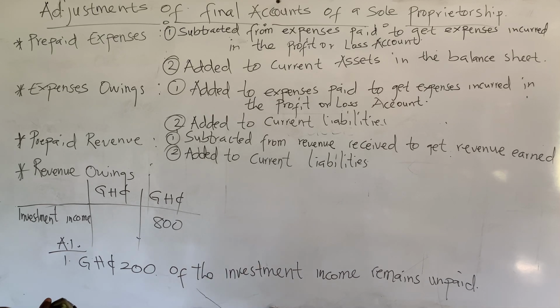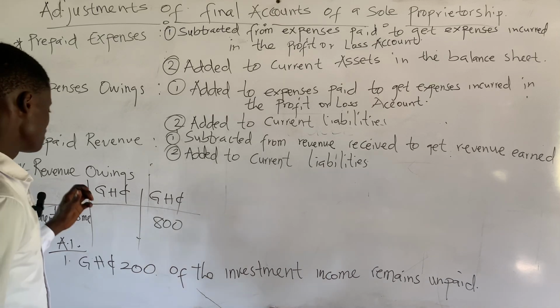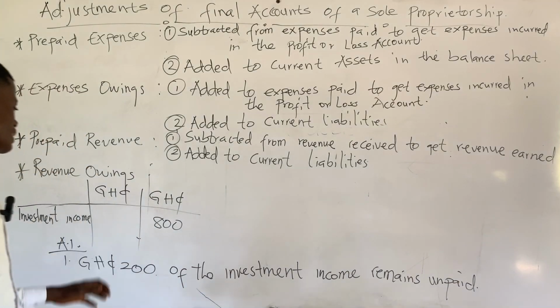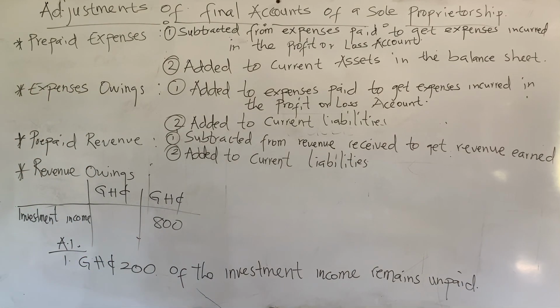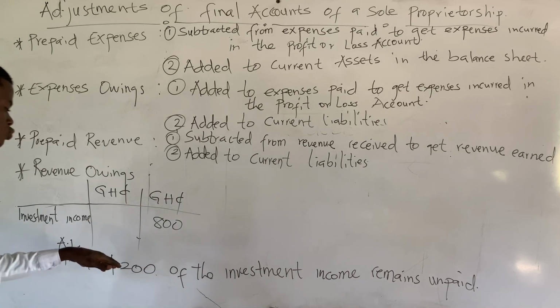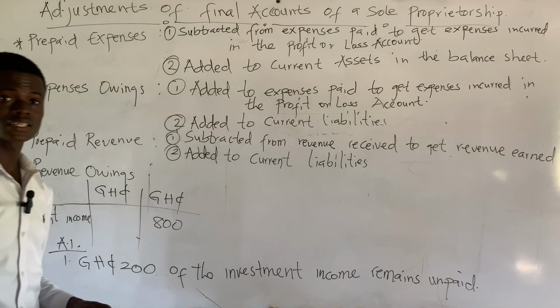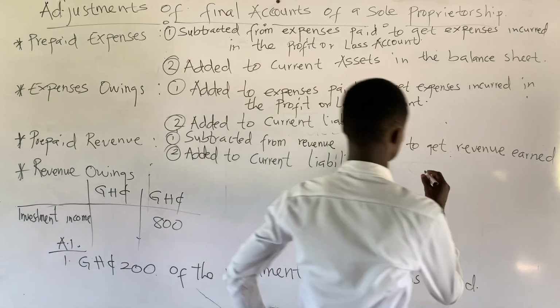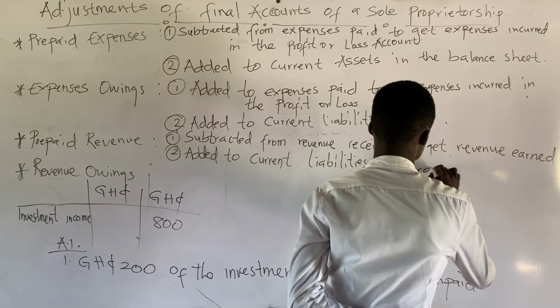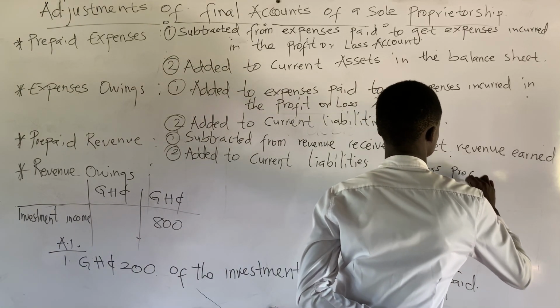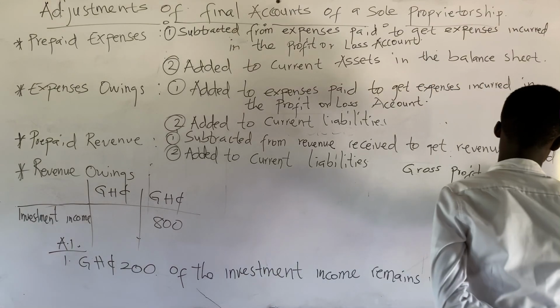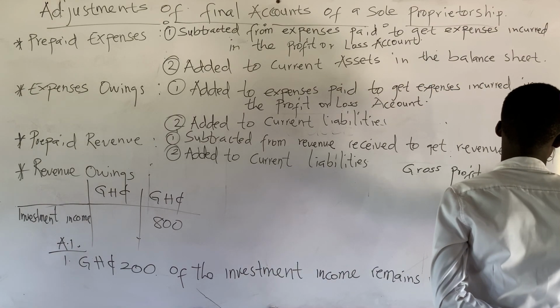So in this case, it means the investment income earned is not the 800 cedis on the trial balance. So to get your investment income earned, you need to add the 200 cedis which remains unpaid to the one you received. So in the statement of profit or loss account, assuming these are gross profits, we have gross profit of 20,000.